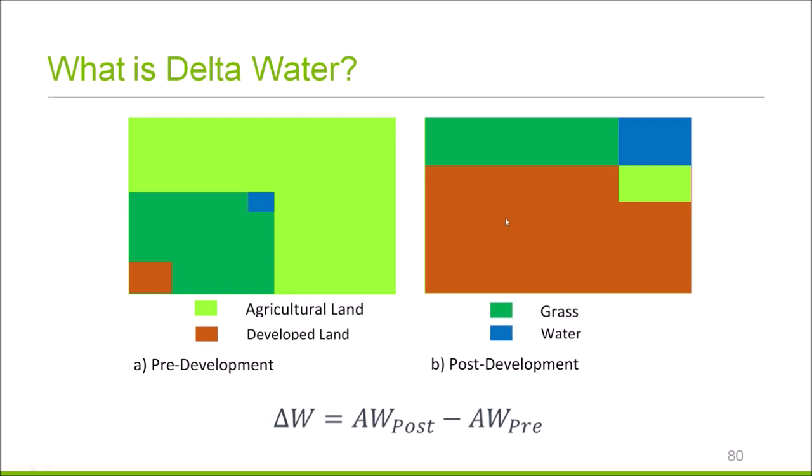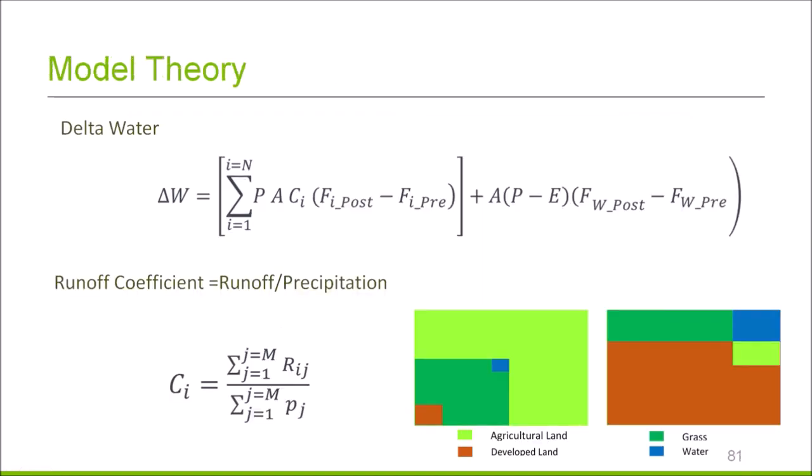So if you can estimate the available water in a post-development scenario and in a pre-development scenario, usually the difference is the delta water. So that's what we actually try to estimate here.